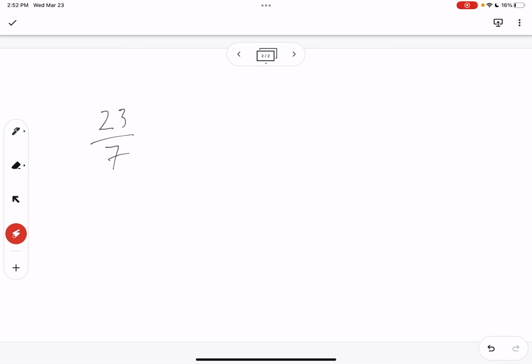If you take 23 divided by 7, you're going to get 3.28571429. But all we really care about is the whole number. So we know there are 3 whole fractions in here, and I'm going to write a 3 right here.